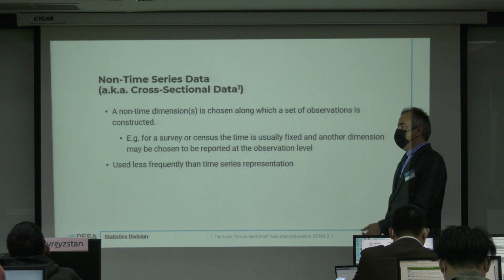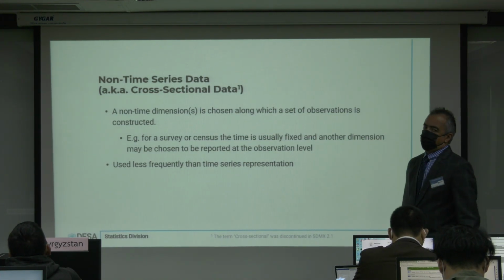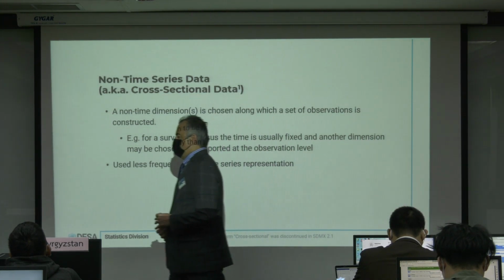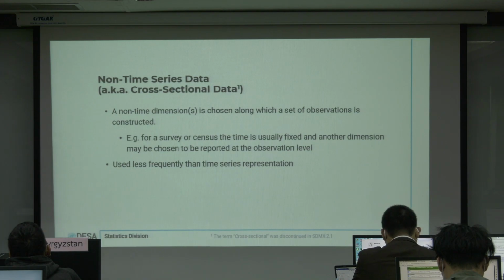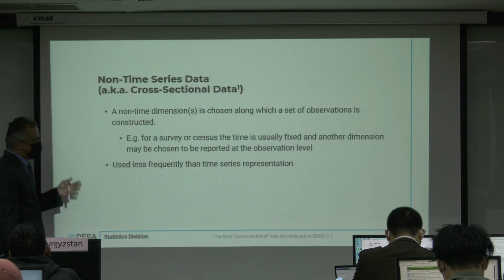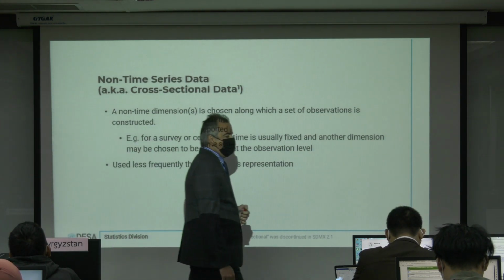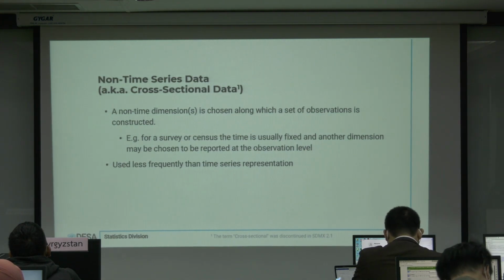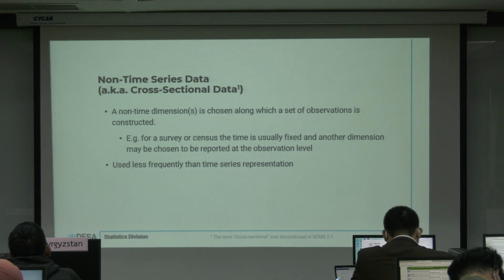It can be another dimension or even a set of dimensions. So in SDMX 2.0, such representation was called cross-sectional, which means that you use another dimension, not time, to transpose your data.